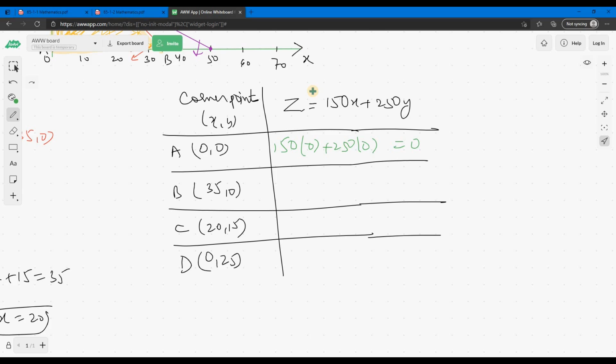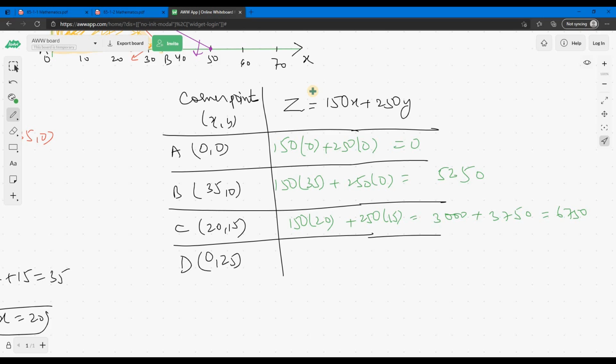Now when x is 35 and y is 0, 150 times 35 is 5250. Now we check it for when x is 20 and y is 15. This is equal to 6750.